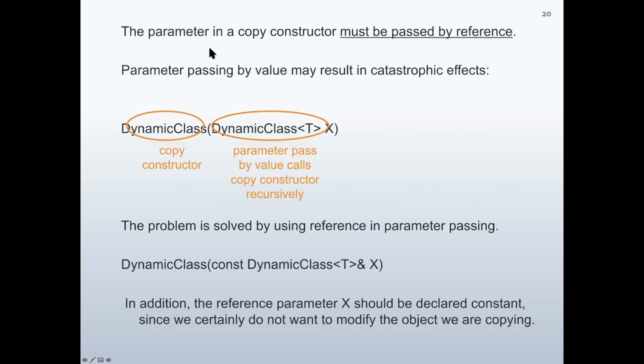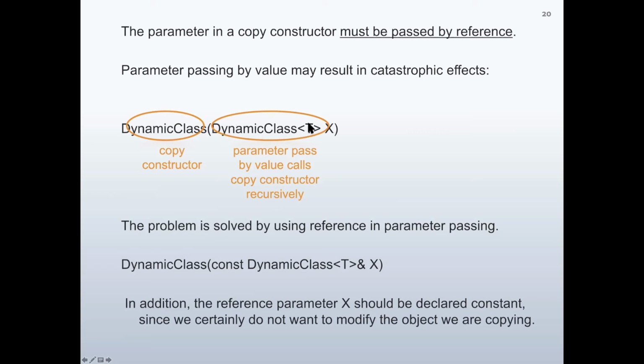The parameter in the copy constructor must be passed by reference. Here, consider the copy constructor, and if the parameter pass was by value instead of reference, in that case, parameter pass by value calls the copy constructor recursively.